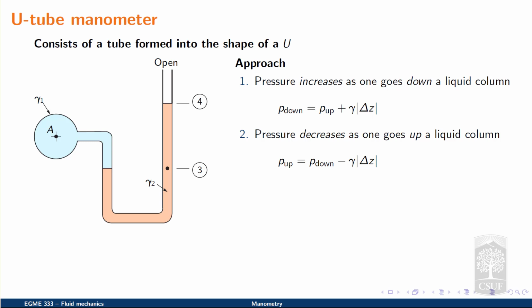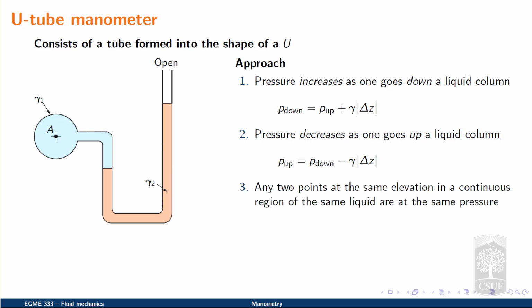And that the value of the pressure at point 4 should equal the value of the pressure at point 3 minus the specific weight of the fluid gamma sub 2 times the absolute value of the vertical displacement between them.